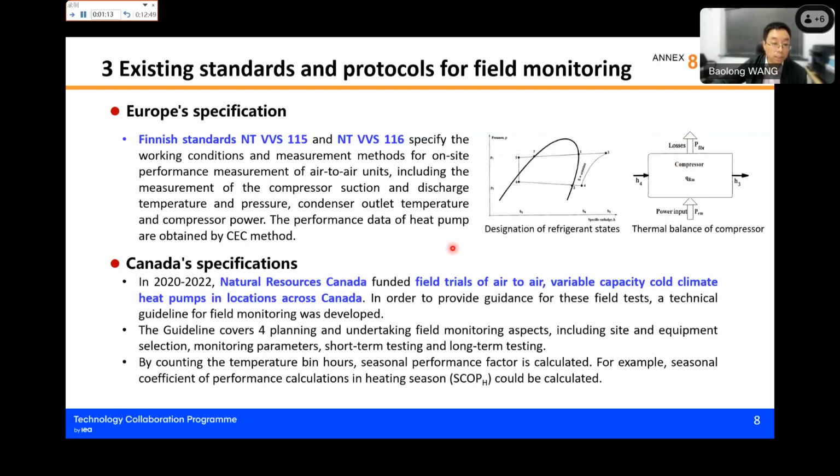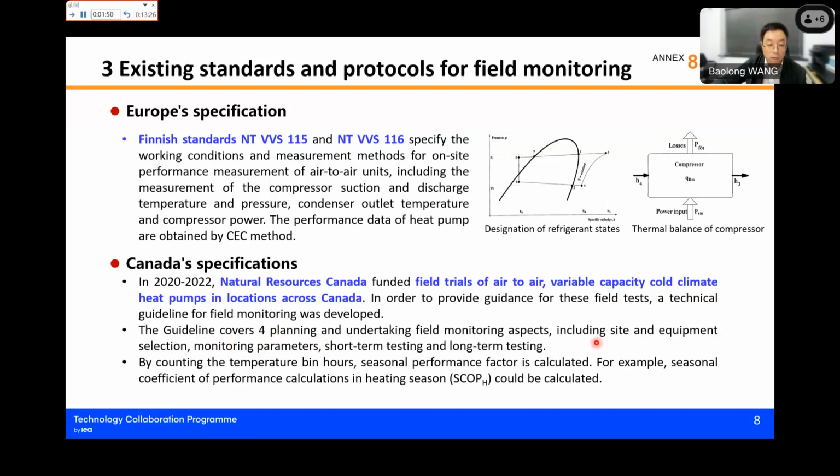We also see that in the Canada specification, from 2020 to 2022, Natural Resources Canada conducted field trials of air-to-air variable capacity cold climate heat pumps in locations across Canada. You can see that in these specifications they give a very detailed guideline on how to test the real performance of the air-to-air heat pump.